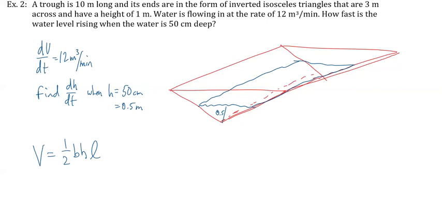We've got h. We could find b, I think. If h is 0.5, then b would be what? Do we have that?